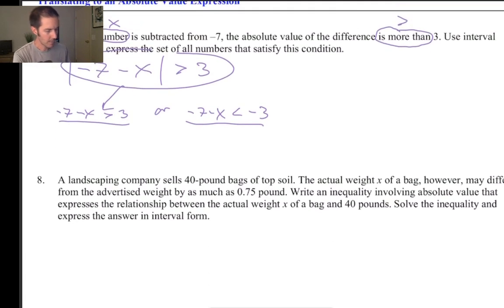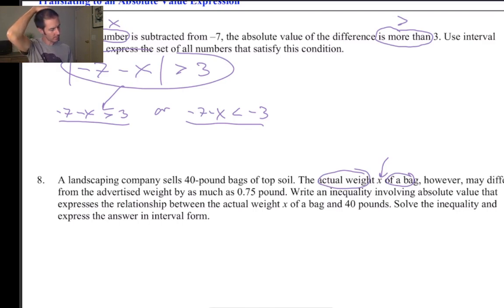A landscaping company sells 40-pound bags of topsoil. The actual weight of X bags, the actual weight X of a bag. Oh, so the actual weight of a bag is X. However, may differ from the advertised weight by as much as 0.75 pounds.